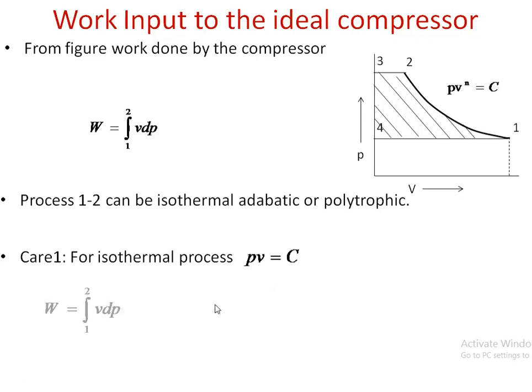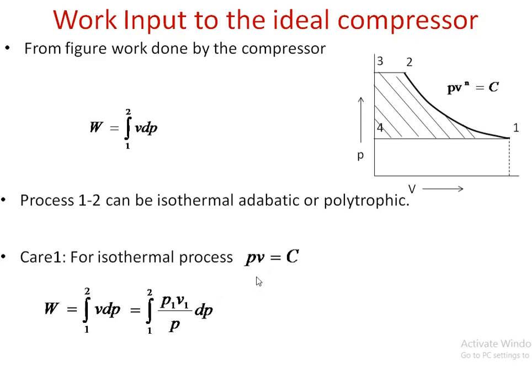So let's assume that the process is isothermal. For an isothermal process, I know that PV is equal to constant, or you can say PV is equal to P1V1.